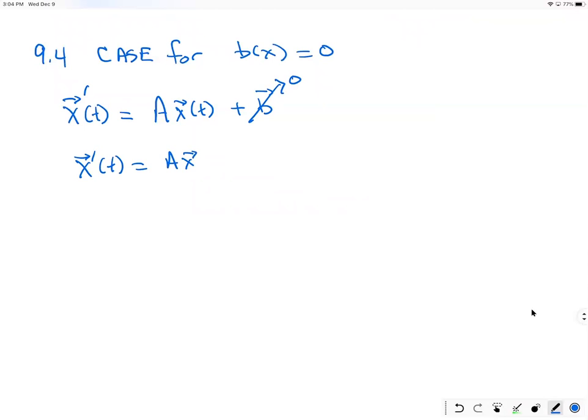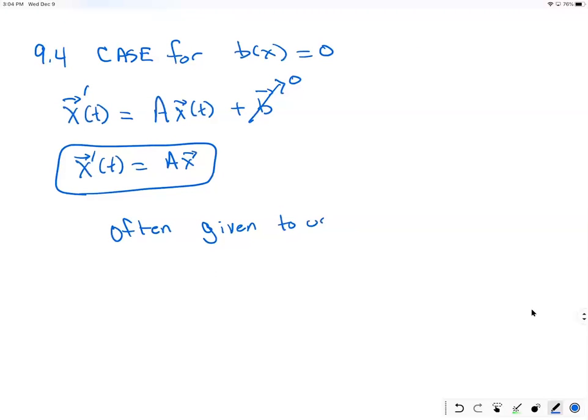And so when b is equal to 0, often it's just given to us as, it'll say, solve the system of differential equations with A equals 0, 2, minus 3, minus 2, 4, minus 3, minus 2, 2, minus 1, for example.